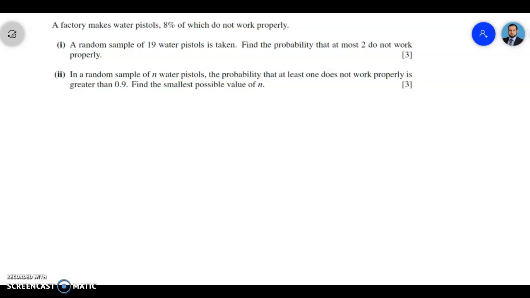So if you remember, for binomial distribution, we need a number of trials and the probability of success. Here the probability of success is given to us and the number of trials is also fixed, so this is a binomial distribution.